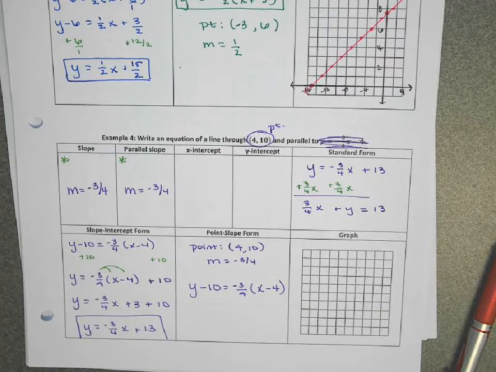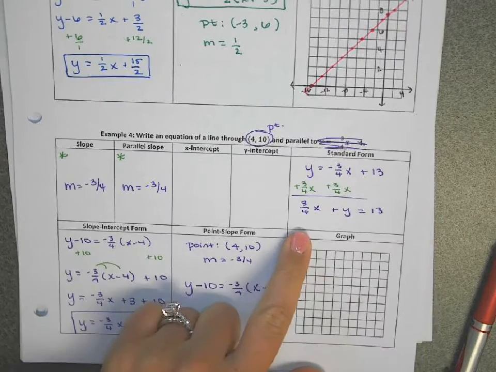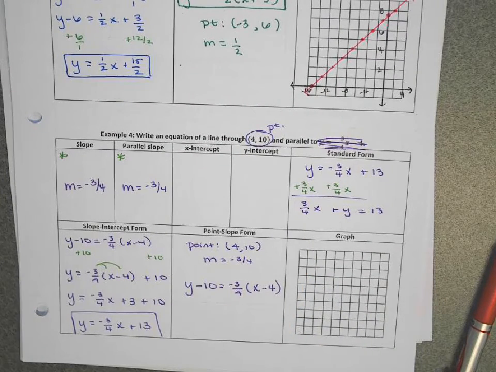Something else we still have to do? What are we going to do next? Make them integers. Yeah, 3/4 is not an integer. So you need to make all of your coefficients integers. So what are we going to have to multiply everything by? 4.